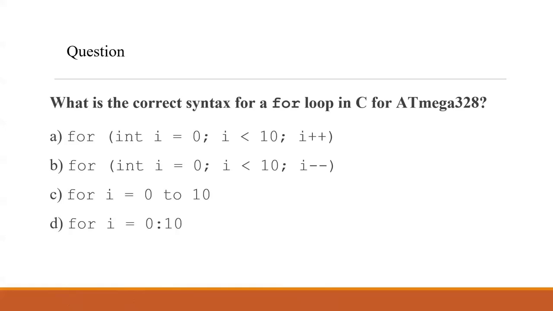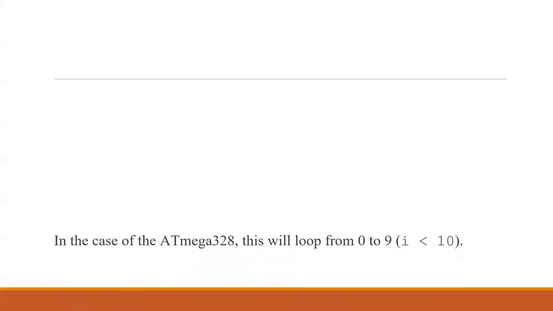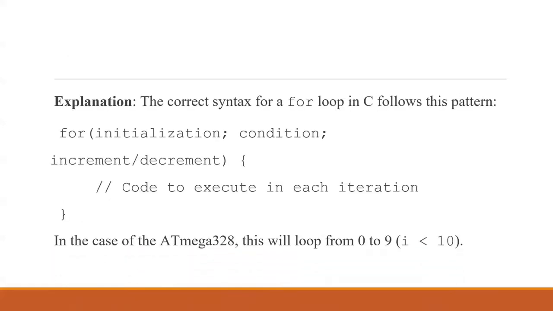So let's look at the correct syntax. If we are using a for loop, we are basically looking at the pattern, okay? The pattern has one initialization, then we look at the condition, and we increment or decrement.